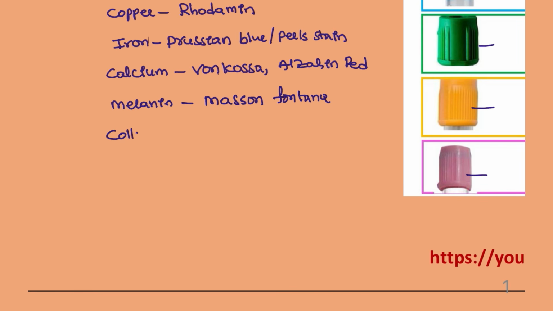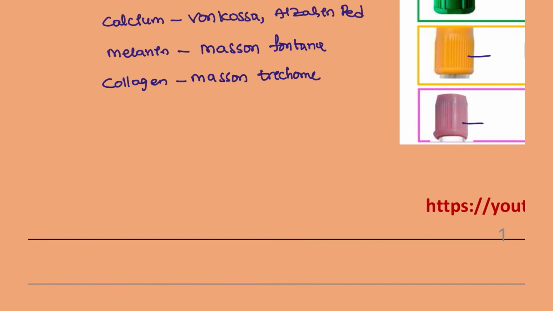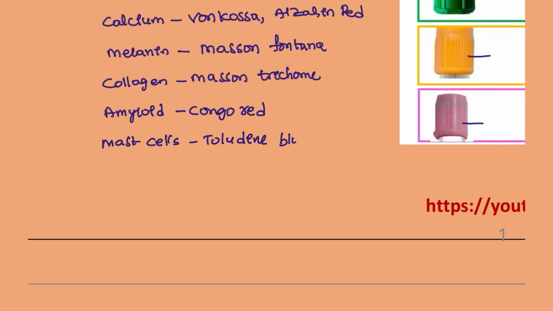Next, collagen. This was recently asked in NEET also. This is Masson trichrome. Next, amyloid. For amyloid we can use Congo red color. Mast cells, this is our FMGE PYQ only. Here we are going to use toluidine blue color.